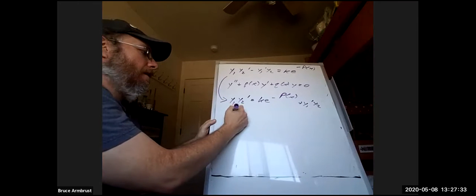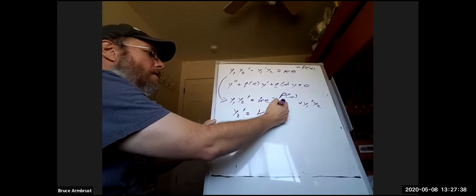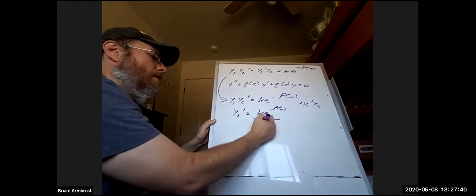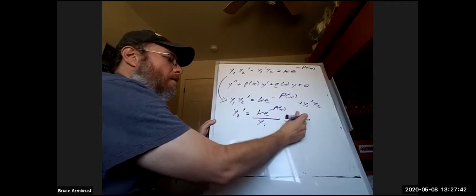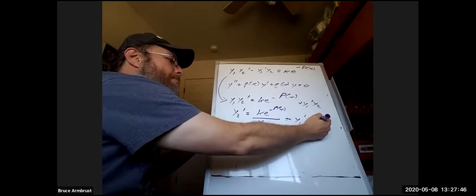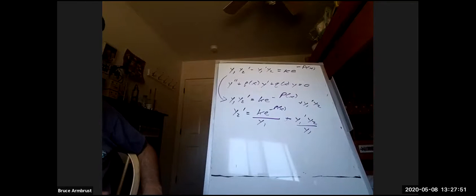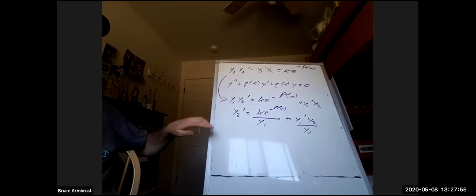And then if I solve that for y2 prime, this is where we are. So again, I don't know anything about y2, but I do know that its derivative is going to equal this.